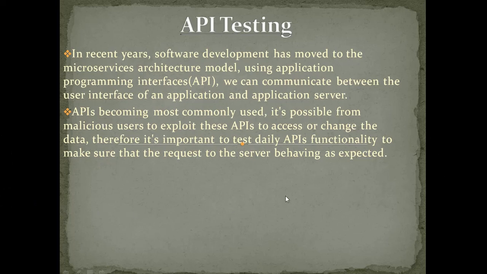Like the data, the behavior of the API is working as normal. If we are expecting one, are we getting the number one? I'm just giving an example.